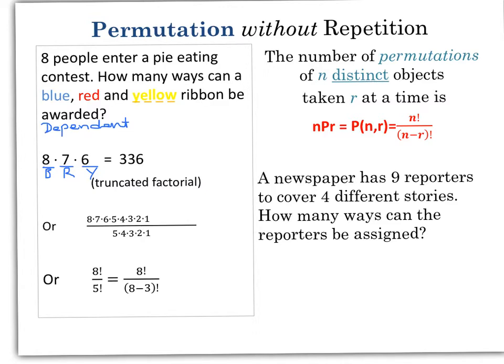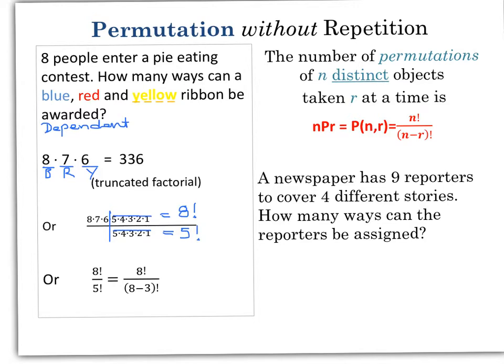Notice that if I took all 8 people and wrote this out as my 8 factorial, and then below it, I know I only want those first 3 places. So if I divided by the places that I don't want, which in essence is the 5 factorial, I end up with my truncated factorial.